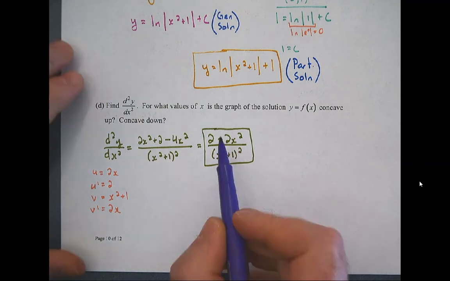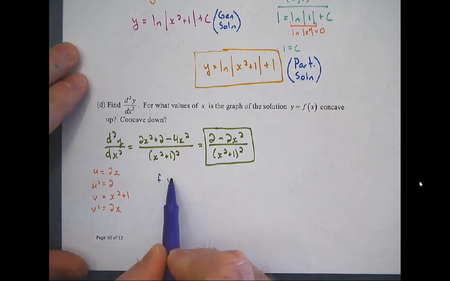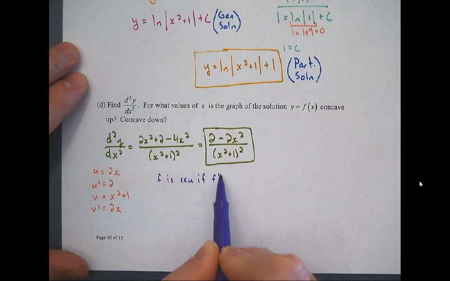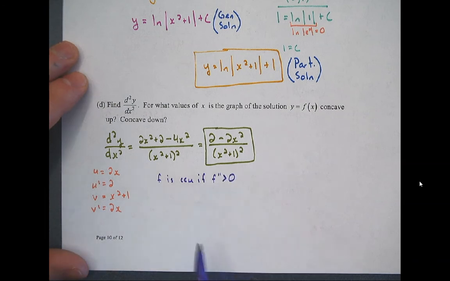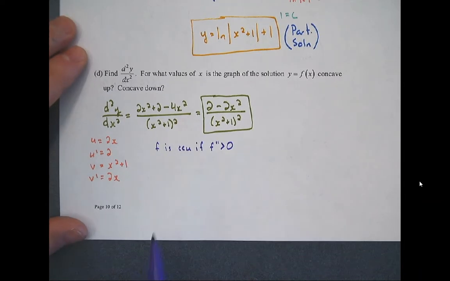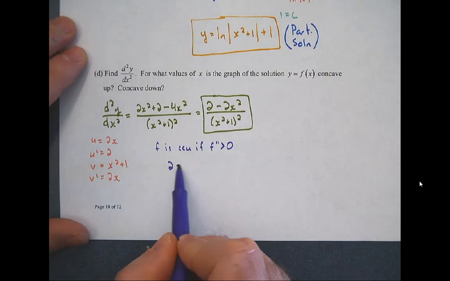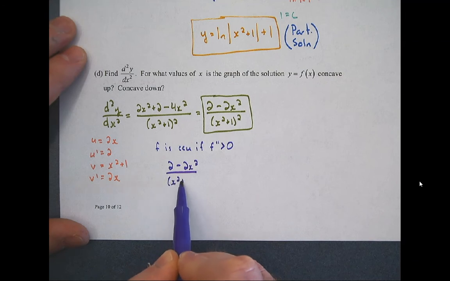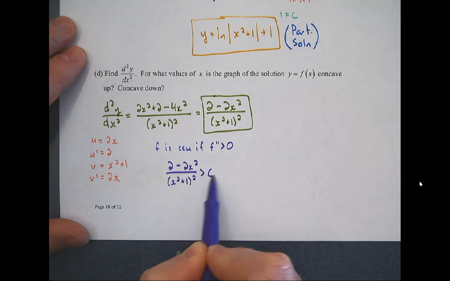So I'm going to take my second derivative and figure out where it's greater than 0. 2 minus 2x squared over the quantity x squared plus 1 squared is greater than 0.